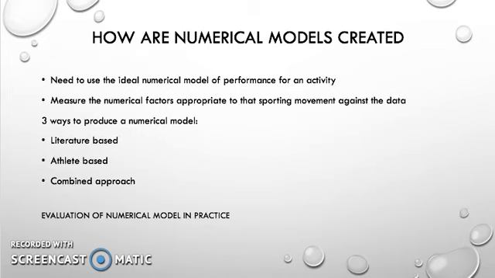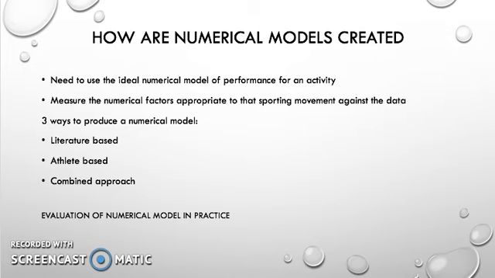How are numerical models created? You need to use the ideal numerical model of performance for an activity. Measure the numerical factors appropriate to that sporting movement against the ideal data. There are 3 ways to produce a numerical model.